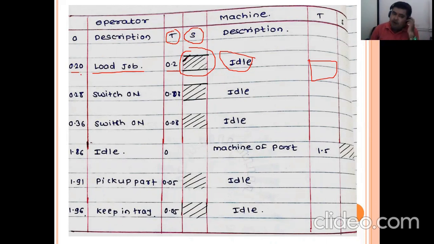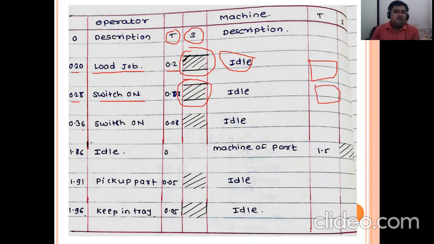Then from 0.20 to 0.28, I can say feed the job on the machine, tighten the screws, etc. At 0.28, I will switch on the machine. That is again operator work. So the operator is busy, the machine is idle. The machine doesn't have any operation right now.